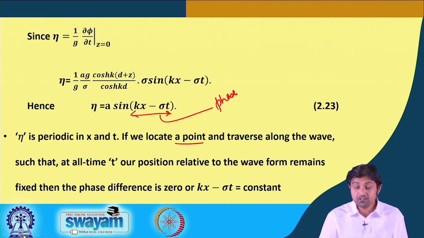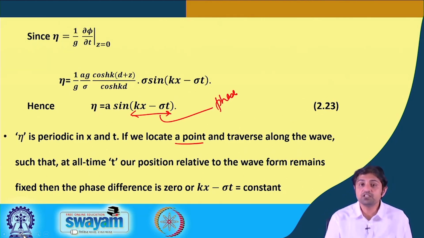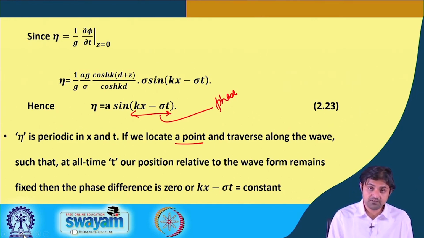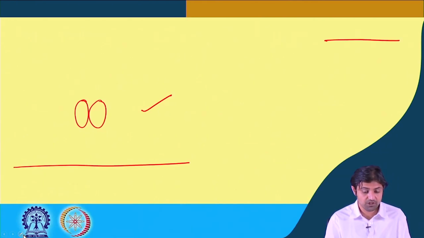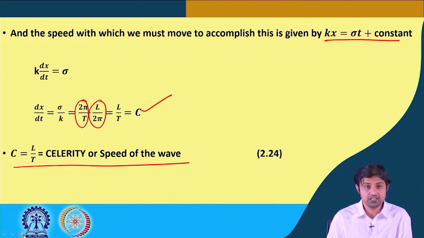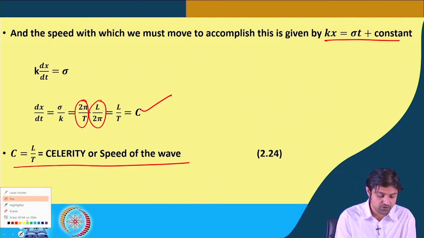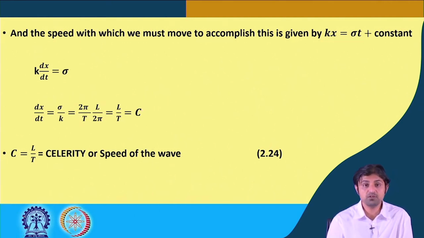When will this happen? When we are moving with the speed of the wave, so our speed and wave speed c will be the same. That is what we have found out, that c is equal to L by T is the celerity of the wave with which we must be moving, all right.